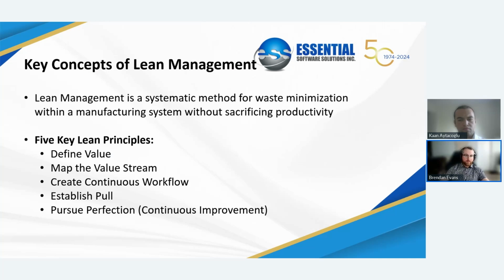Now, the final step of the 5 key lean principles is the pursuit of perfection, or continuous improvement. Any improvement that you capture at your business, whether it's lean management or new technology implementation like what we work with frequently, is not a static thing.